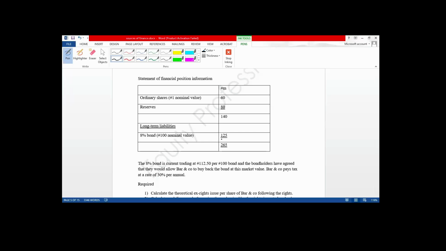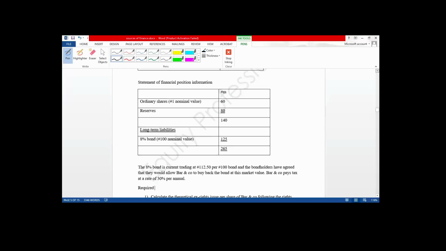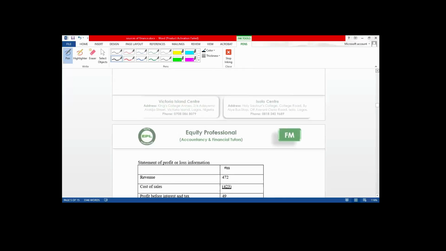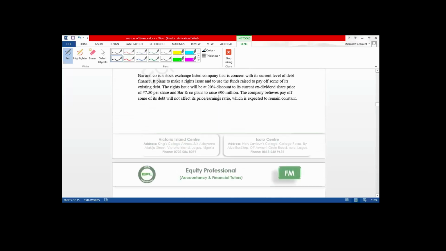Now we are going to raise equity on the rights issue. We are going to generate 90 million. Can you see it? This 90 million, we are going to use it to repay our debt.